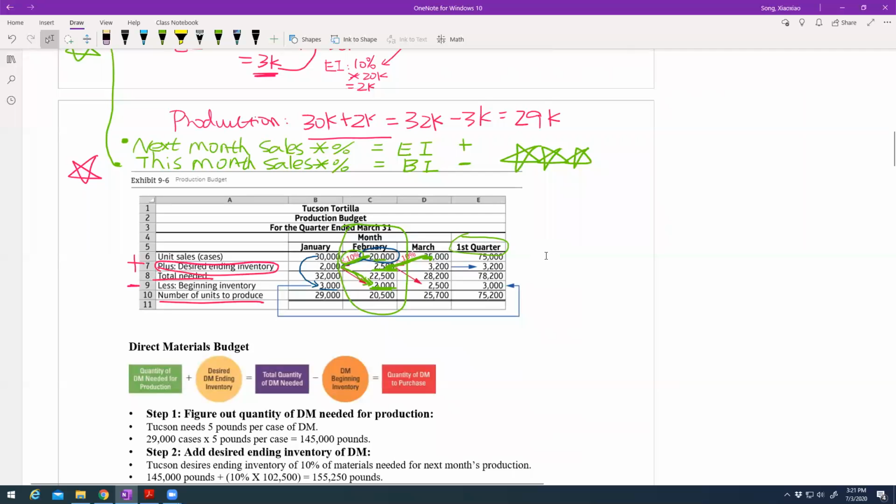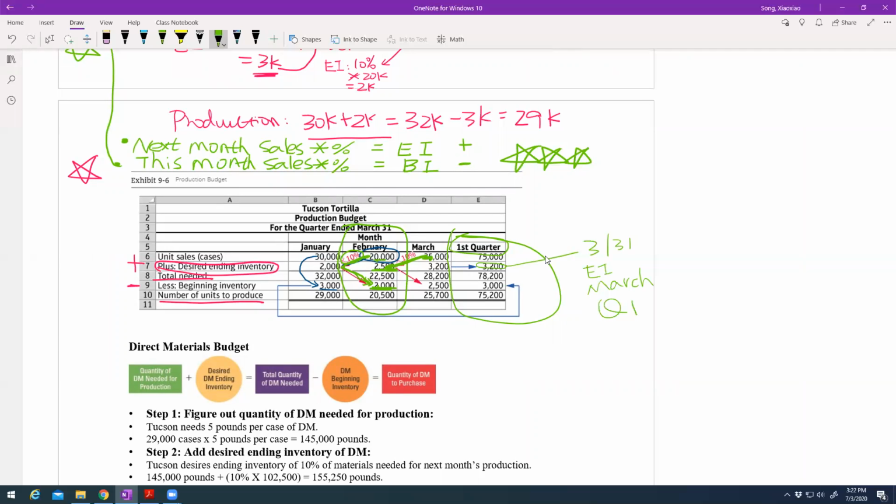You still need to pay a little bit of attention to your first quarter. Why? Because the sales for January plus February plus March gives your first quarter. Nothing much to say there. But your ending inventory on March 31st is the ending inventory for March, and it's also the ending inventory for the first quarter.